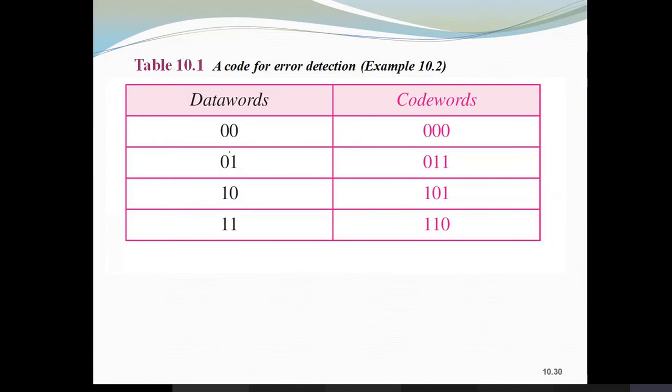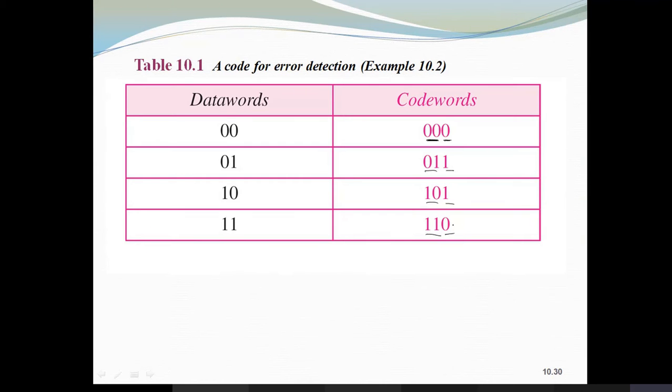I have 2-bit data: 00, 01, 10, 11. For these I have added one extra bit. How we add the extra bit is a different method, and I will explain how that extra bit is added. This is the data, and this is the extra bit, that is, the redundant bit.